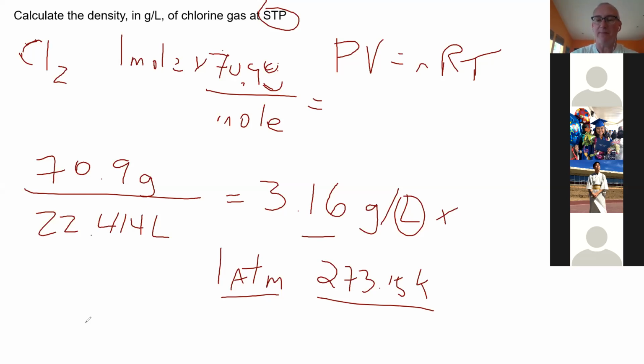Since if the pressure goes up, the volume goes down, what happens to the density? Is volume in the numerator or the denominator? It's in the denominator, right. So if this volume goes down, what happens to the density?